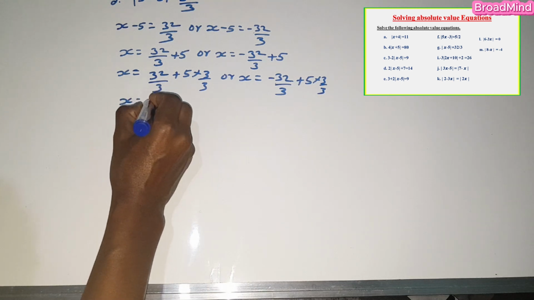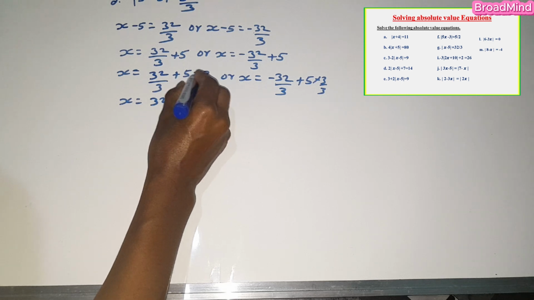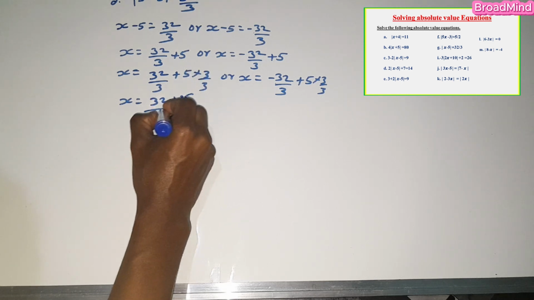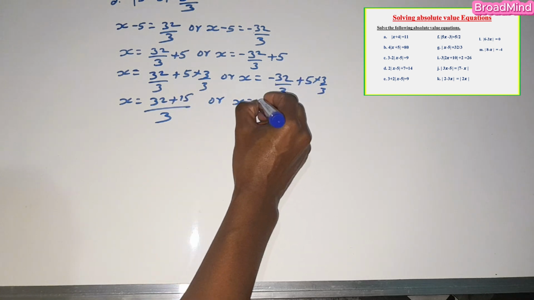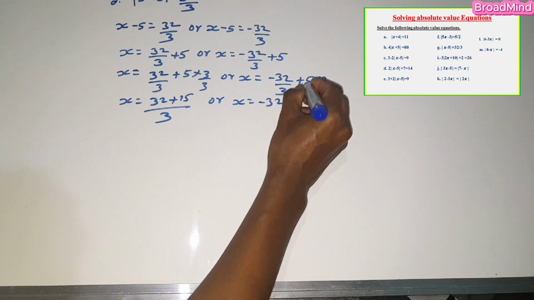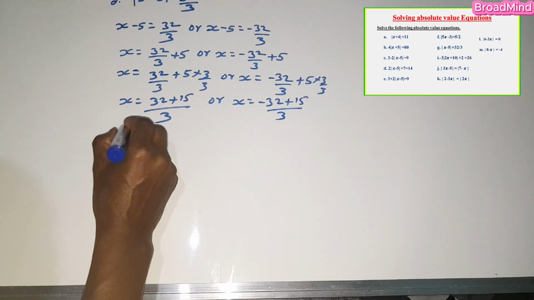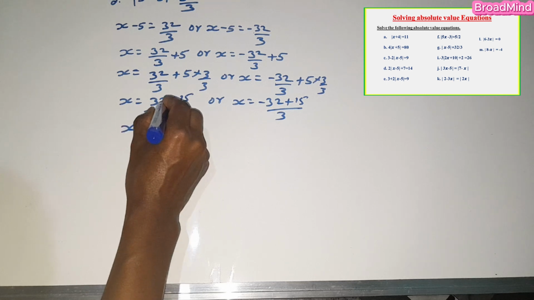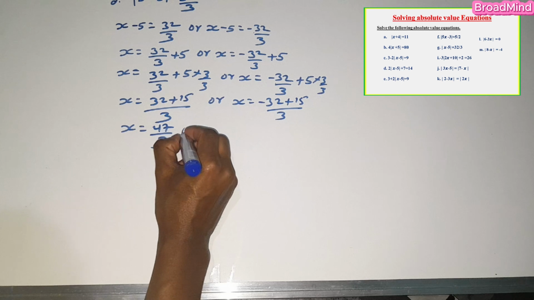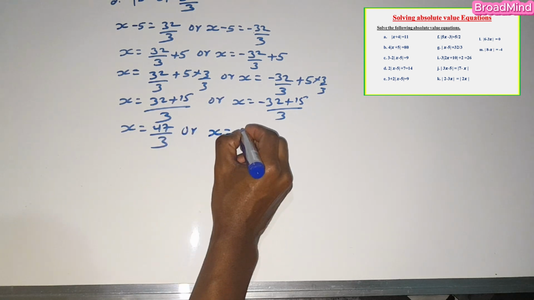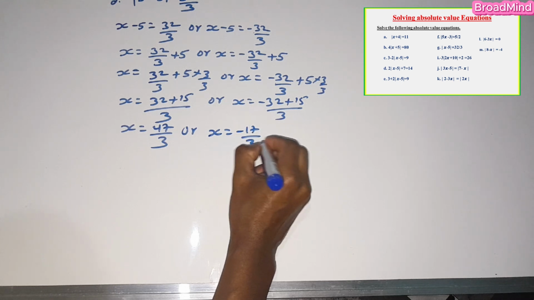Then x is equal to 32 plus 15 over 3, or x is equal to negative 32 plus 15 over 3. X is equal to, in this case, 47 over 3, or x is equal to negative 17 over 3.